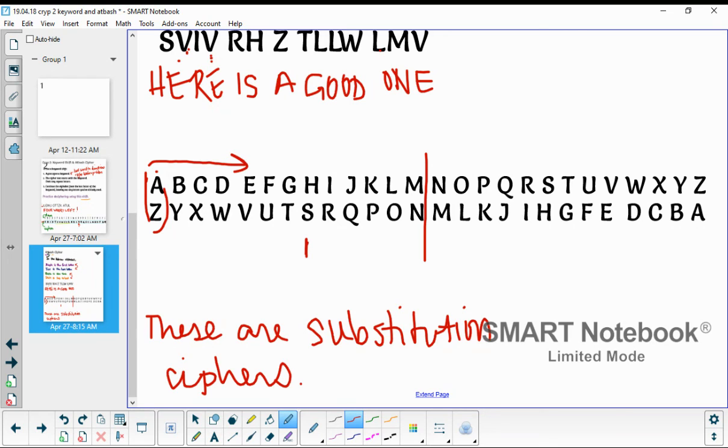In a couple of videos, we're going to get to something called a transposition cipher, and that's a whole different category. But right now we're on substitution ciphers.